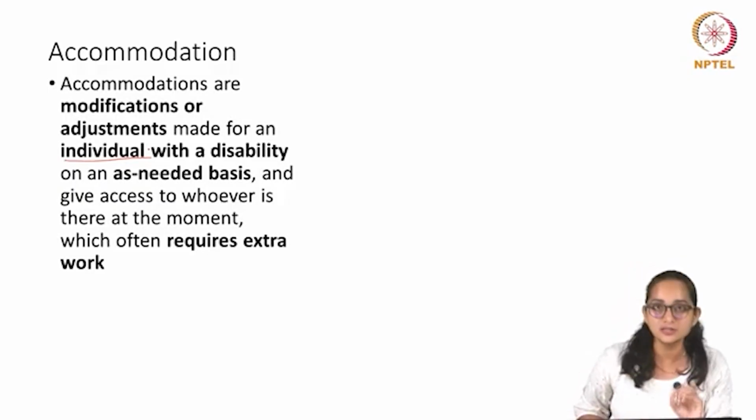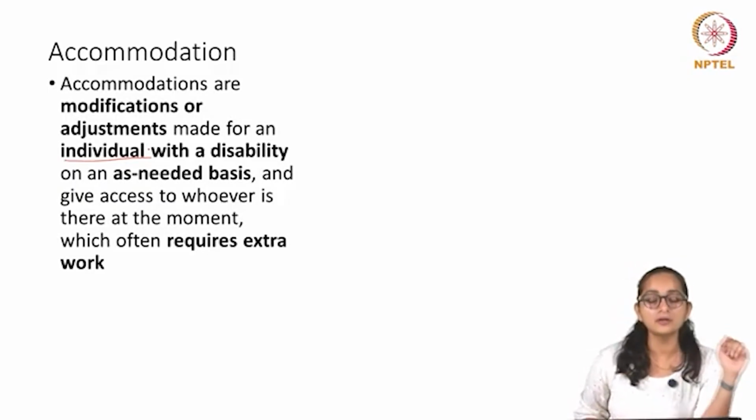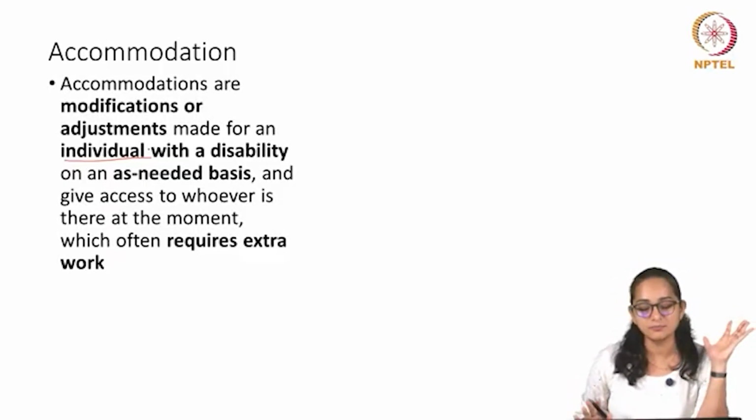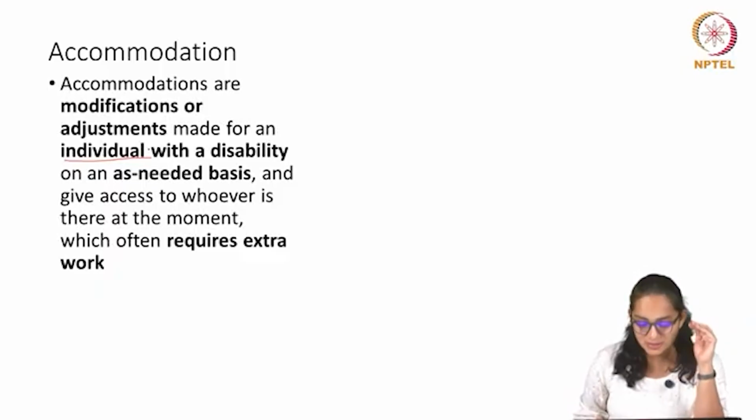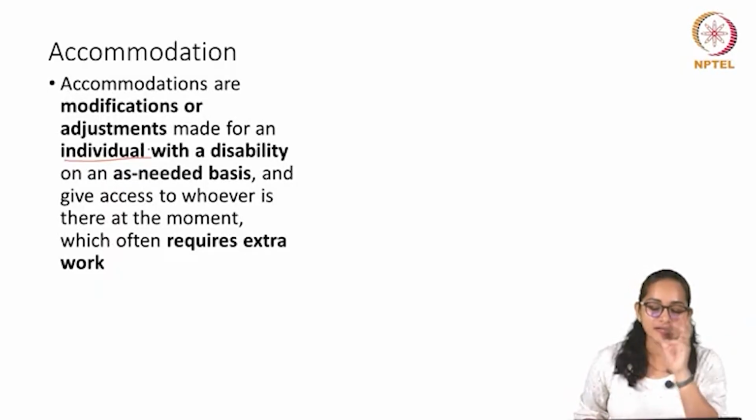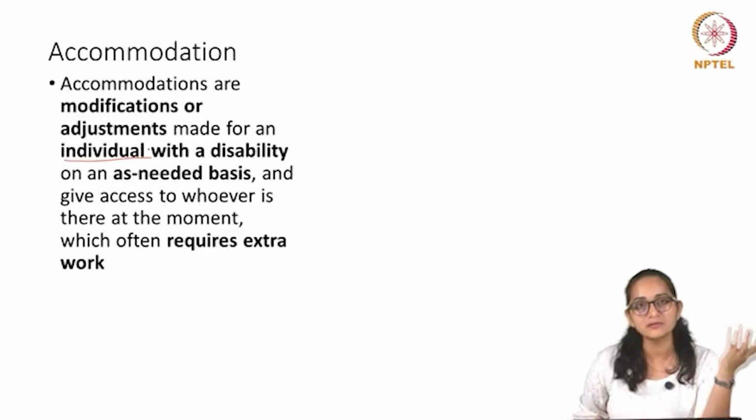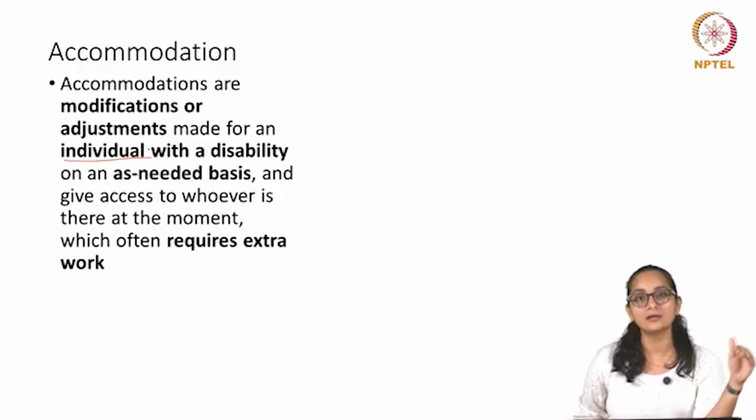It is an adjustment made for an individual's need and on an as needed basis, and it just allows them to get access to the information, to the building, to whatever it is that they are seeking access to in that moment, right?